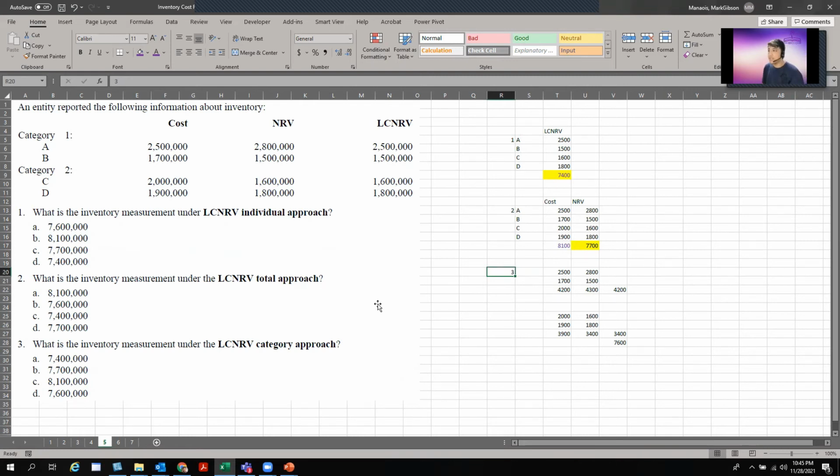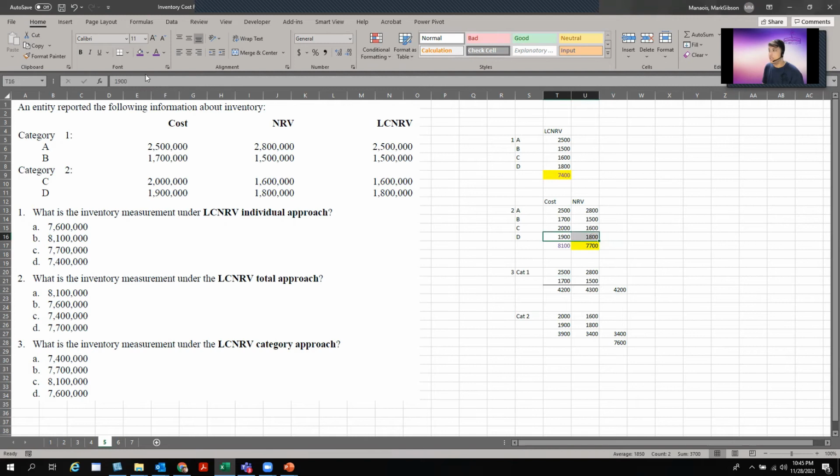Category approach naman. So in category approach, we have to get the sum of each category. No? So this is category 1, and then this is category 2. So that's 2.5 plus 1.7, meron ka total na 4.3.